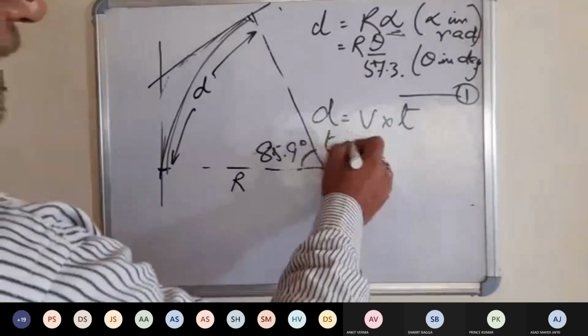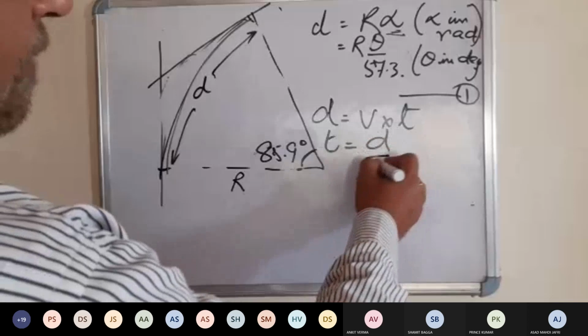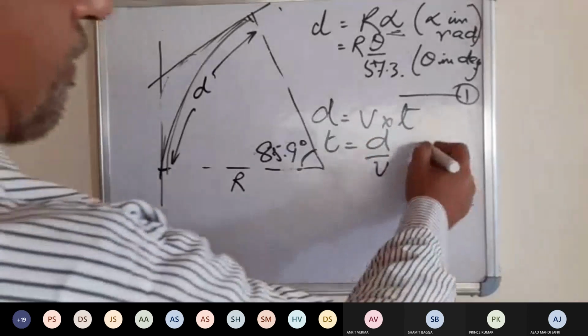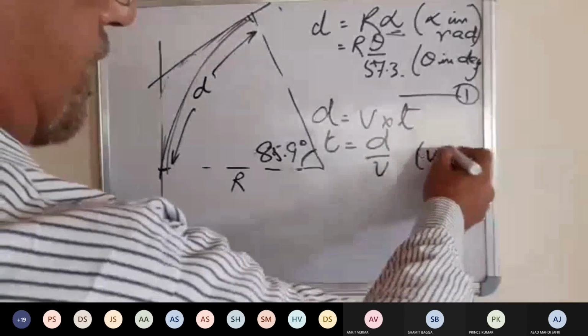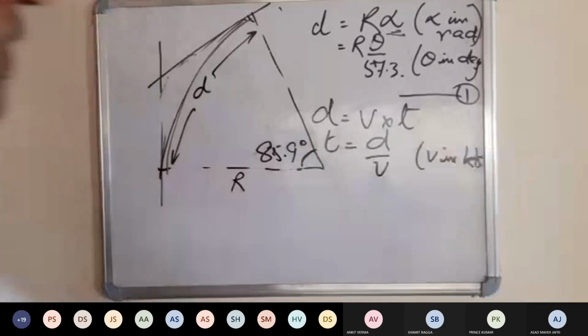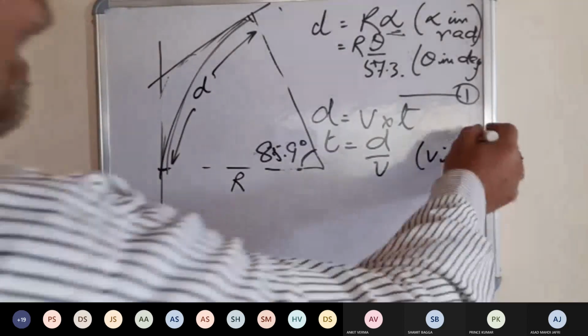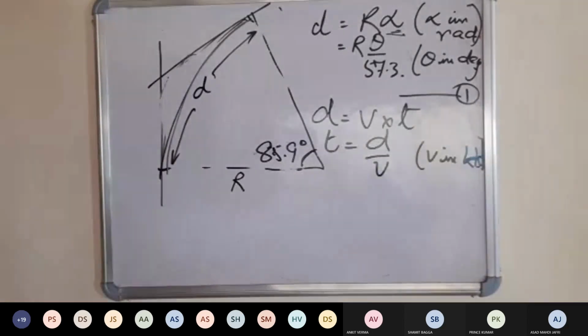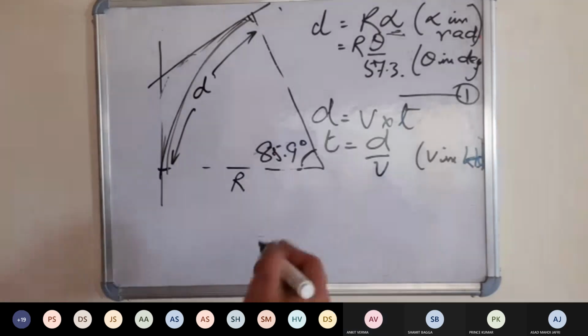That means t is equal to d by v, where v is in knots. Knots is basically speed per hour, nautical miles per hour. Correct? Yes, sir. All right.